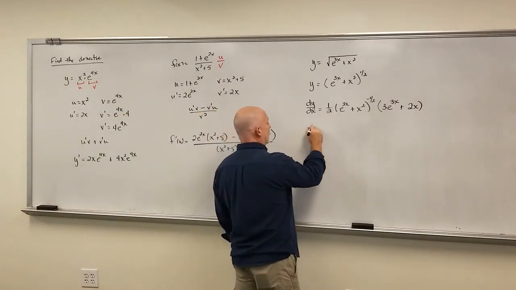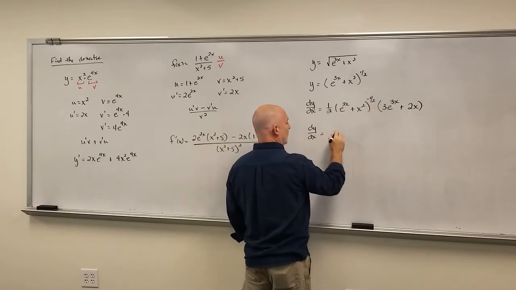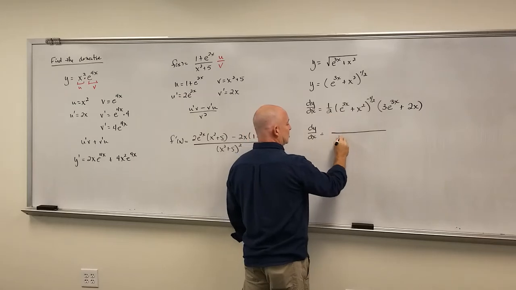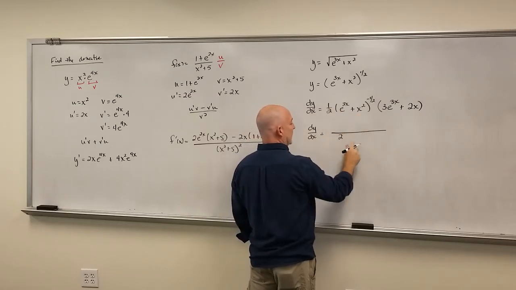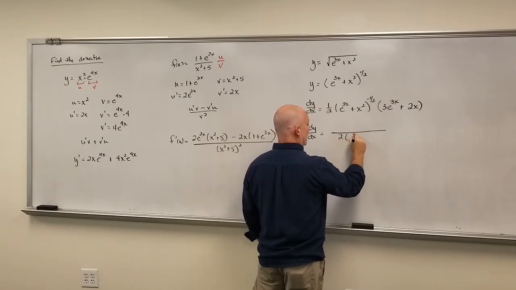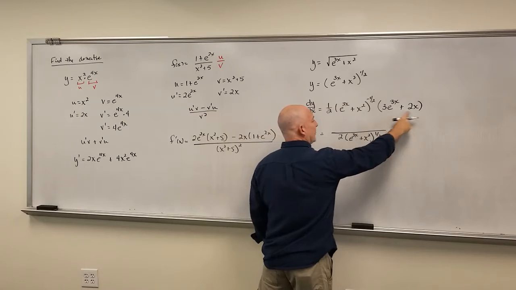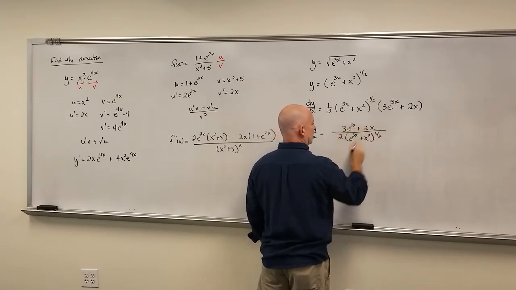So let's say we have dy dx is equal to, since I have negative exponents and fractions, I'm going to think about this whole thing as a fraction. We have a 2 on the bottom, of course a 1 on the top, you can write that if you want. This has a negative exponent, so it goes down to the bottom, then its exponent becomes positive. All of that has a positive exponent, so that stays on the top.